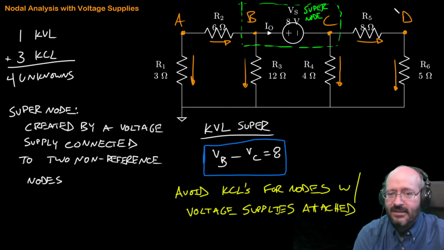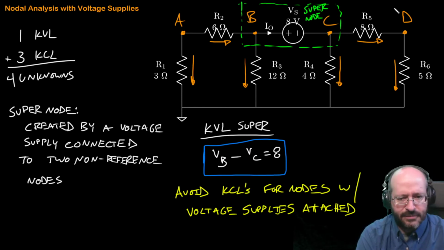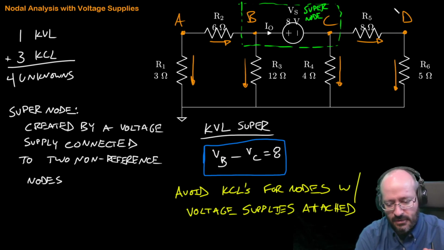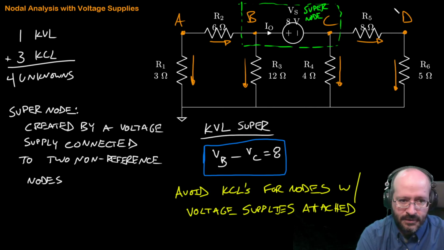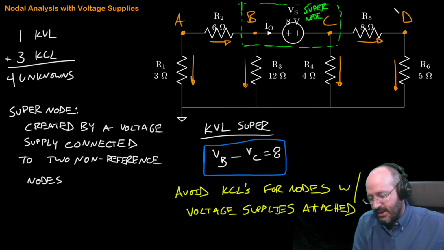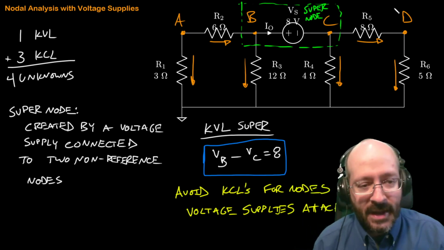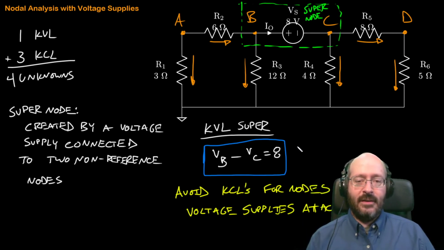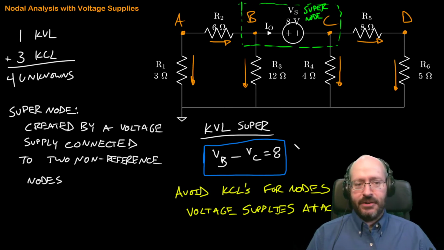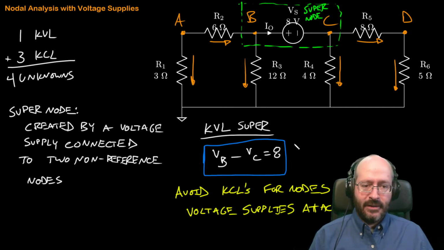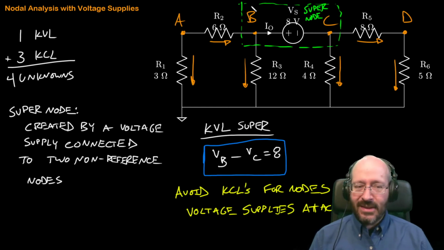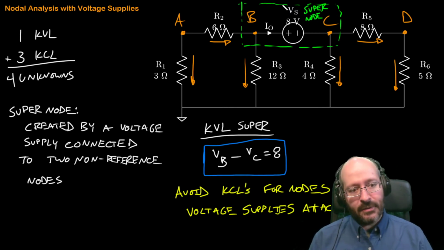The third KCL comes from a bit of trickery that Kirchhoff pulled on us. And maybe I didn't state it this way when I introduced Kirchhoff's current law. But the way he originally stated it was that the currents entering a bounded region of a circuit have to algebraically sum to 0. So that's why I drew this box around here. Here's our bounded region.